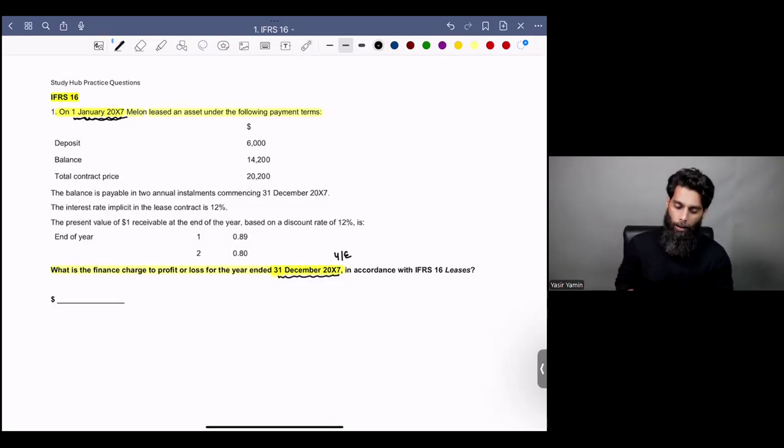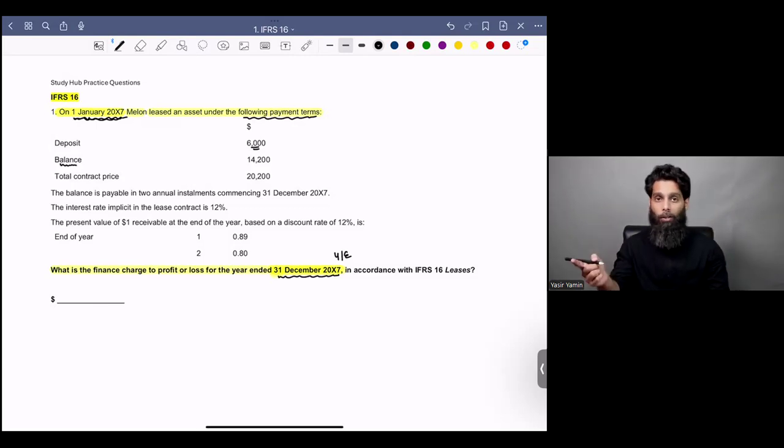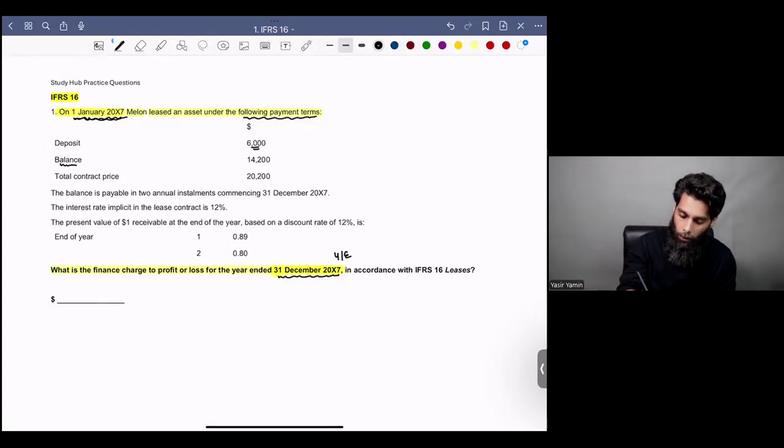All right. Then examiner says that the lease terms were as follows. There was a deposit of 6,000. The balance on the lease after deposit was 14,200. I mean, this is the amount which is still to be paid. Make sense?